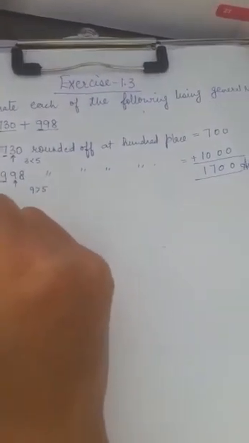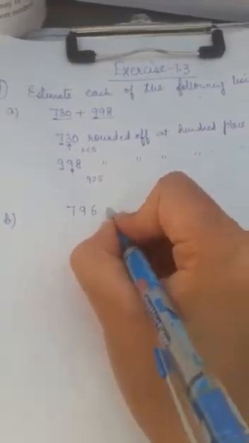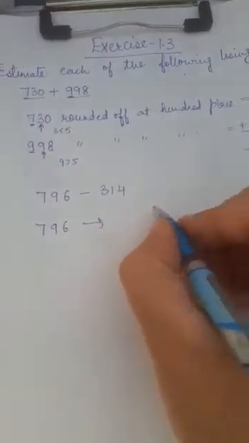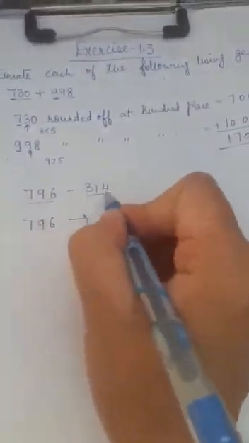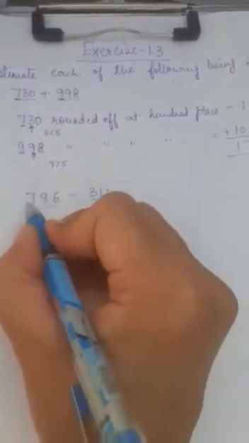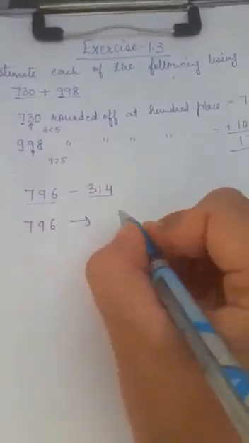B part. B is difference. 796 minus 340. Again 796 will be rounded off at the hundreds place because both numbers have the same number of digits. So both the numbers can be rounded off to the nearest 100. 796.